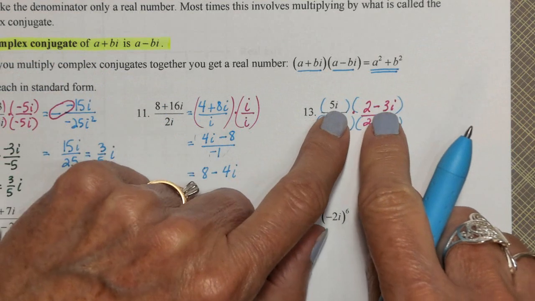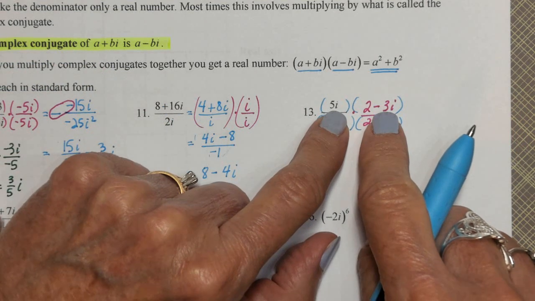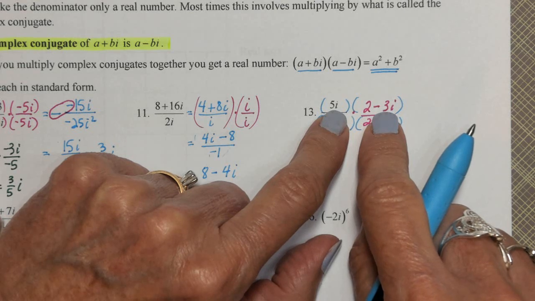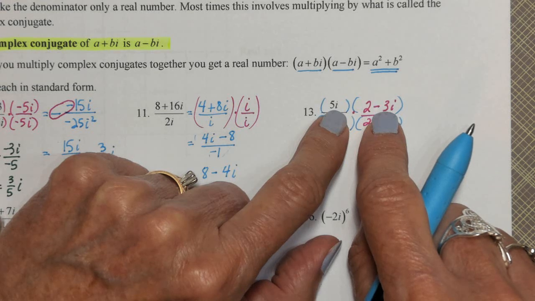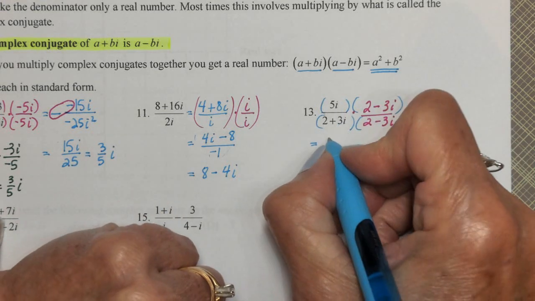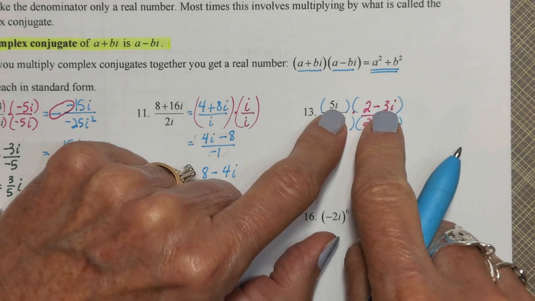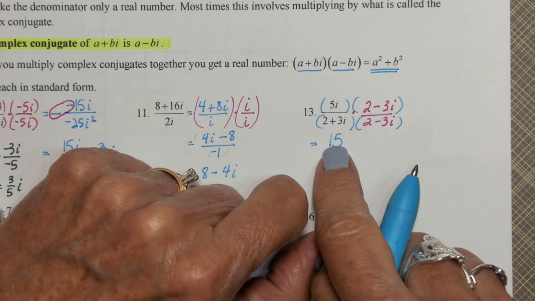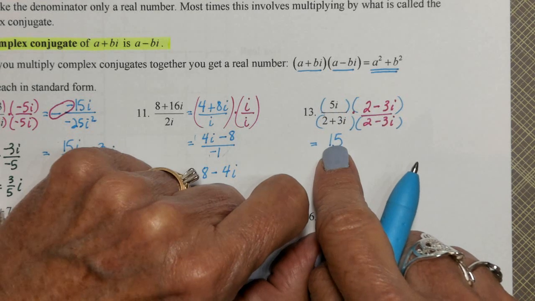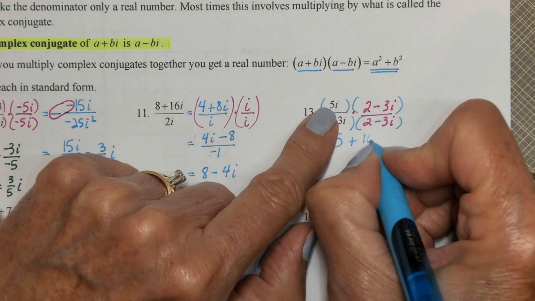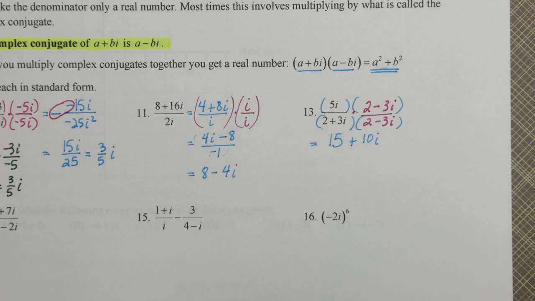I'm going to do that part first because that's going to end up being the real part of the number. 5i times negative 3i, well, I'd have negative 15i squared, but that changes the sign and makes it a positive 15. And then I will have a plus 10i. So all I did was reverse those two.